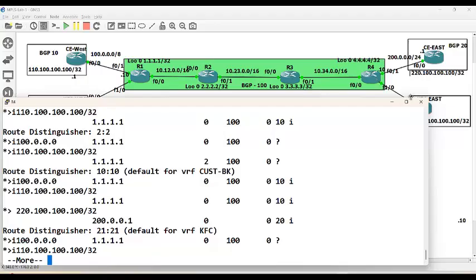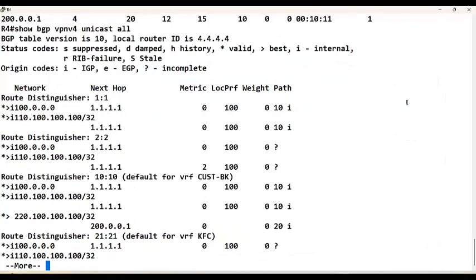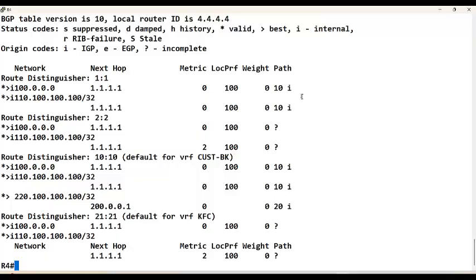This is what you learn through VPN. You have learned from KFC this network. Same network is also learned from remote BK, Burger King.